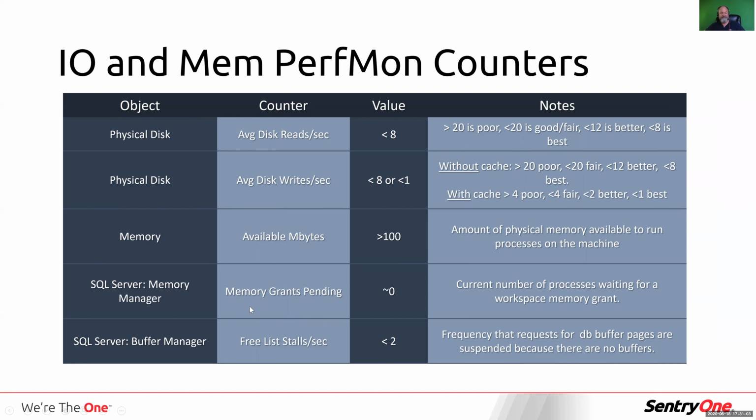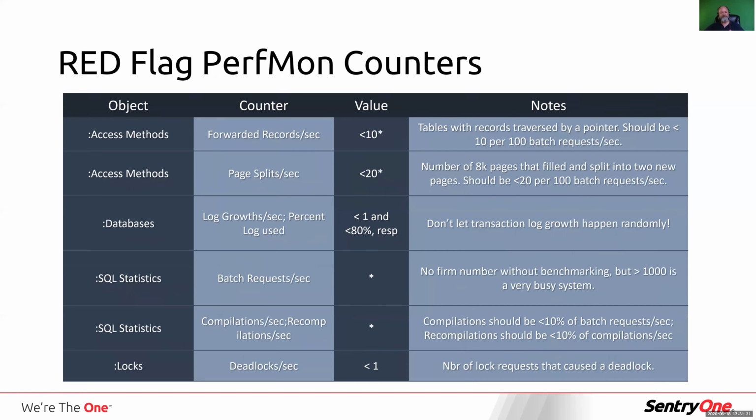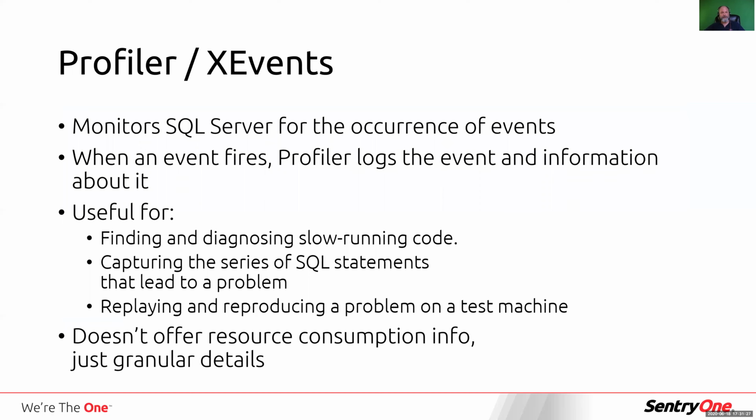In fact, this is the single most effective means of telling if you have memory pressure on your SQL Server. The bigger this number is, the more threads or processes you have on this SQL Server that are waiting to get some access to memory, okay? So that's the kind of stuff I have in here. Things like forwarded records per second and page splits per second. So you need to define all of that stuff.